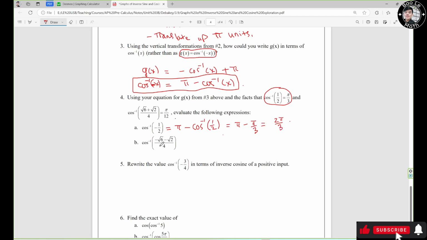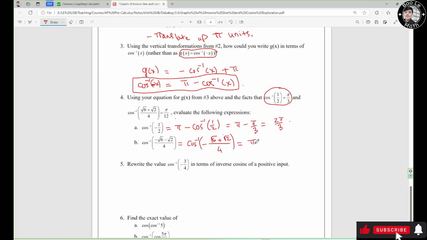Now, for this one right here, I need to manipulate a little bit. So I need to factor the negative sign out. So I have cosine inverse of parentheses, I put the negative sign in front of the fraction. So this guy turns out to be root 6 plus root 2 over 4. Now in this situation, s should be root 6 plus root 2 over 4, so I can apply the formula right here.